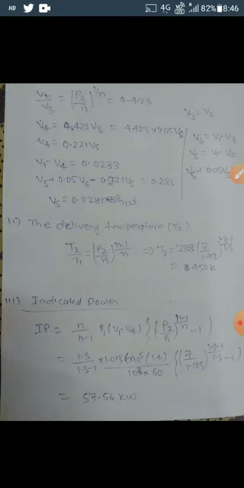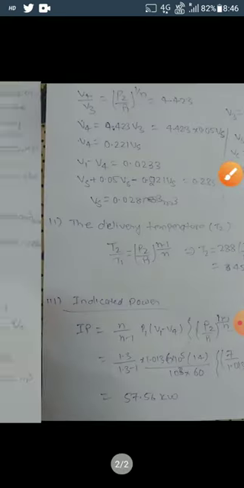So you can write V4 by V3 equal to P3 by P4. P2 is equal to P3 and P1 is equal to P4, as you can see in the diagram.